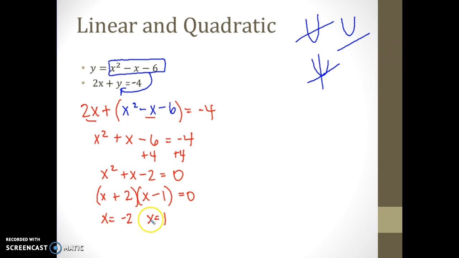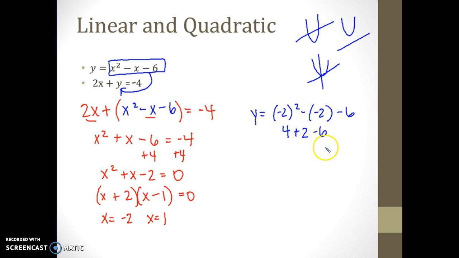So now I have two solutions, but I need to plug them back in to get my y values because I have the x values. So you can pick any equation you want. I'm just going to use the first one because it's y equals. So for x equals negative 2, I have negative 2 squared minus negative 2 minus 6. Negative 2 squared is 4, minus a negative becomes plus.